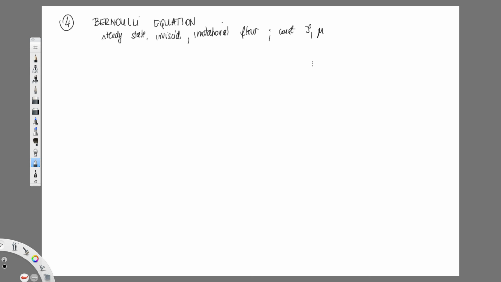And in general vector form, this equation is gradient of 1/2 v squared plus generalized pressure is equal to 0. I'm actually going to write it down as this. So basically 1/2 v squared plus pressure is constant.